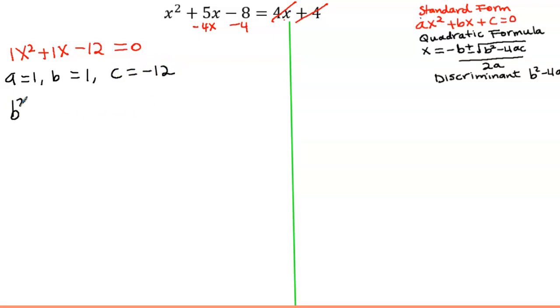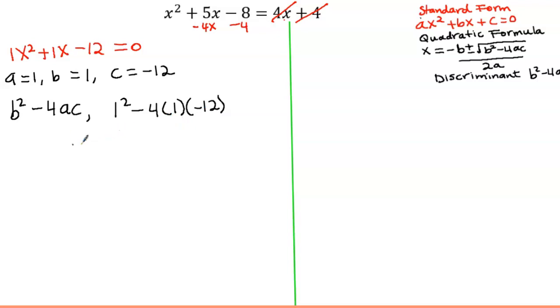Let's put it in the discriminant so that it will simplify a little. So our b is 1, so 1 squared minus 4 times 1 times negative 12. Okay, anytime we have another negative here, negative times negative is positive, so it's going to make it positive.